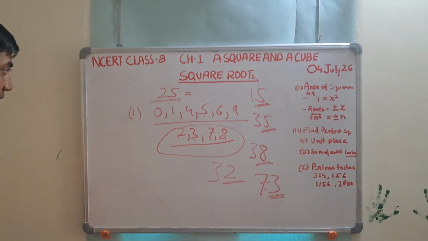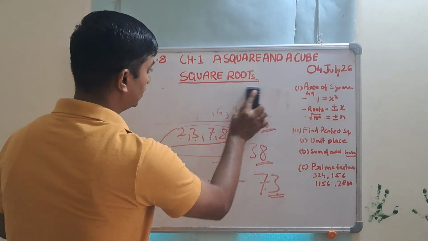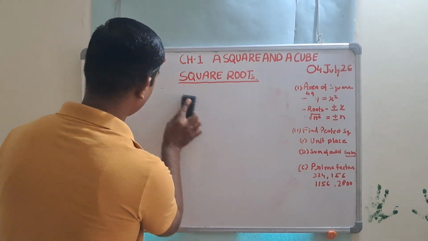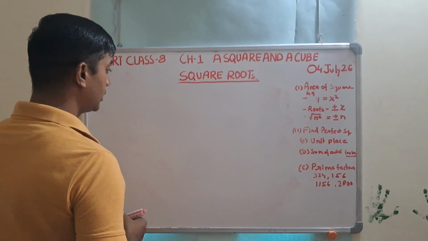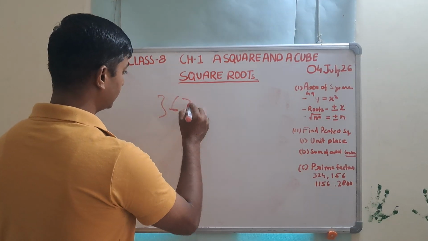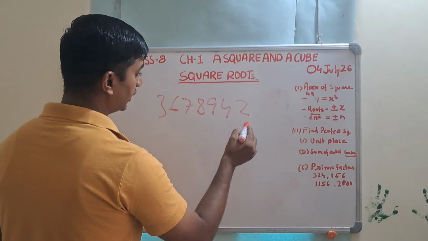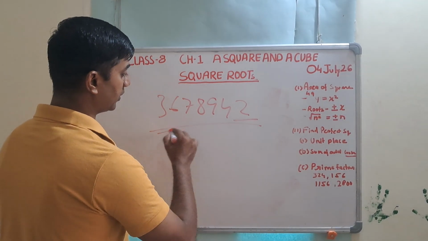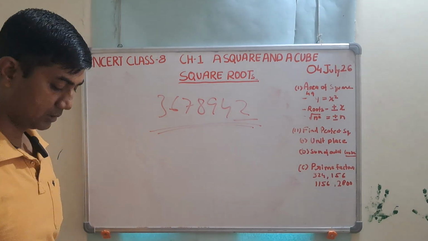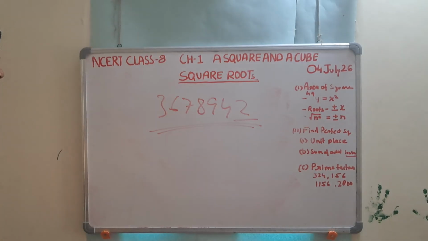Any bigger number you can write, say 3678942, then 2 is at unit place, and this number is not a perfect square. Understood?